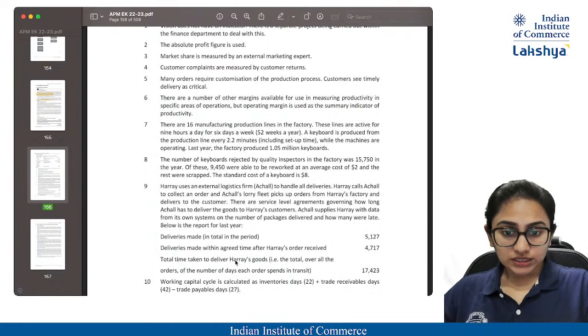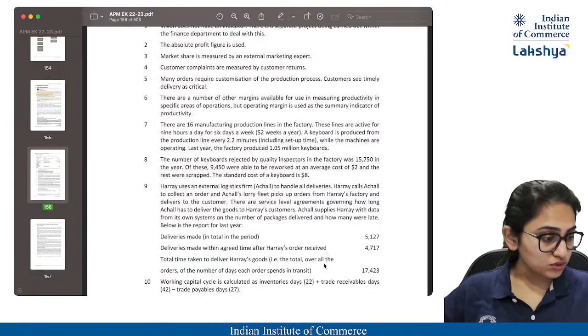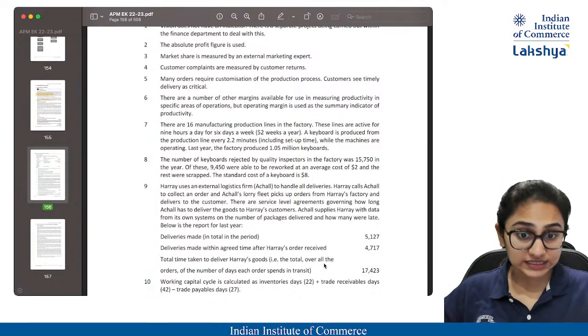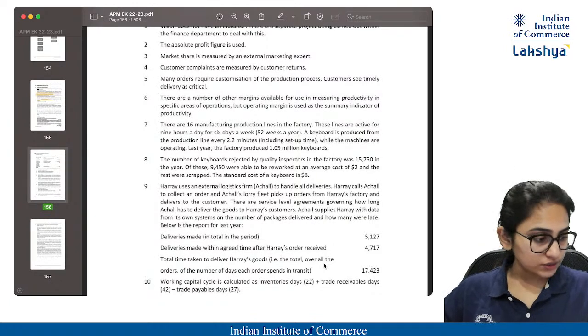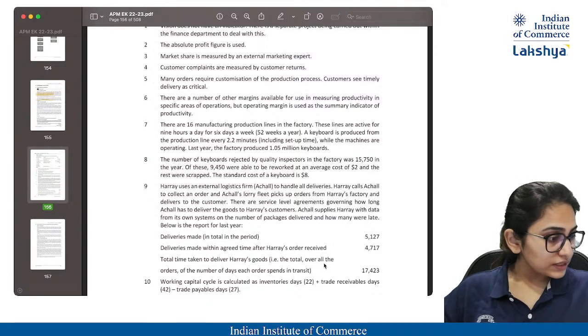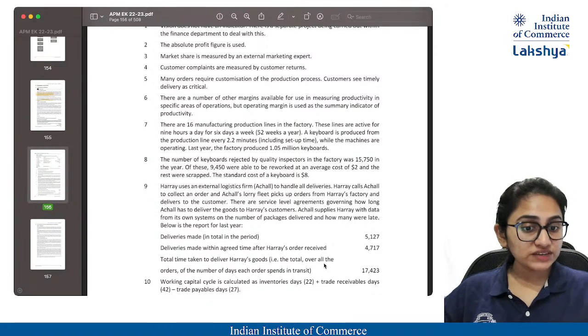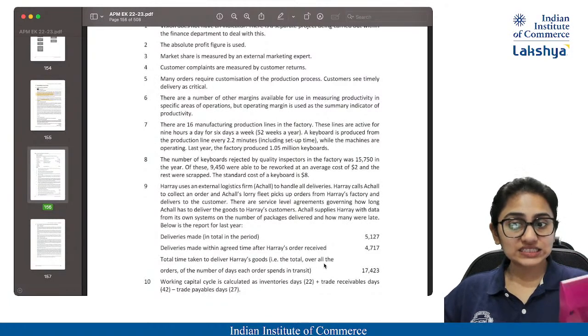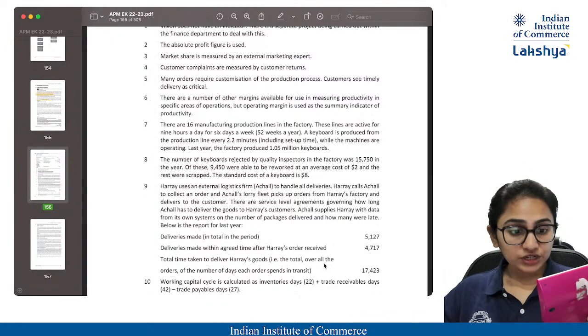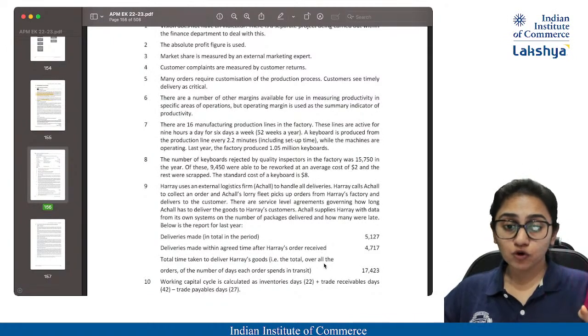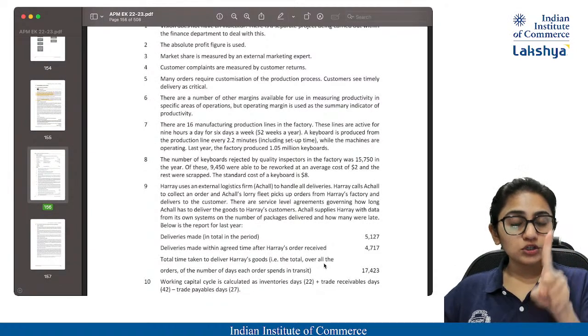Total transit days is 17,423, divided by 5127 gives 3.39, that is 3.4 days per order.